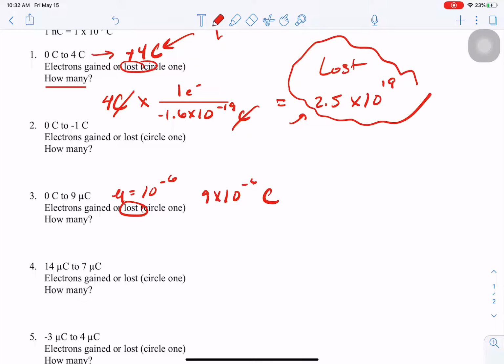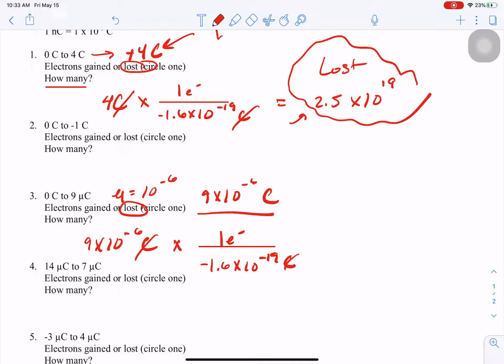Now, by how many? Start with your given: 9 times 10 to the negative 6 coulombs. Set up your unit conversion. In 1 electron, there exists negative 1.6 times 10 to the negative 19 coulombs of charge. Coulombs cross off. I'm going to do this on my calculator for you guys, because I haven't done it yet.